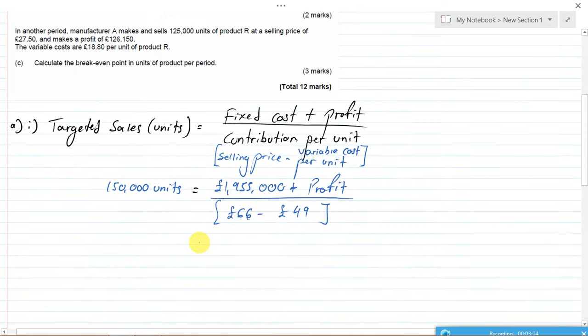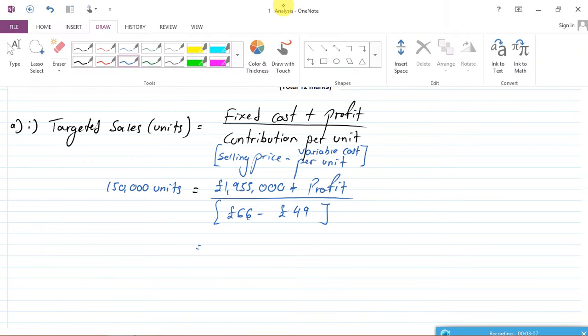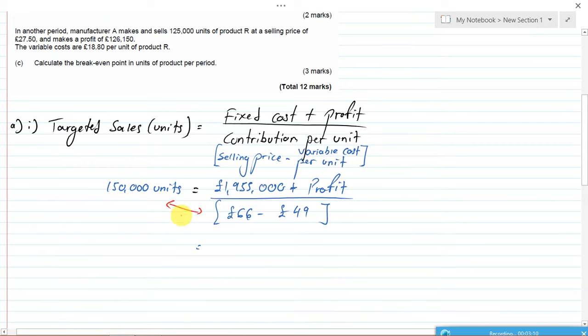49. Now, as you know, from here to here, you have to multiply. So how much is it going to be? You might get 2,550,000. Then over here, 195,500 plus profit.